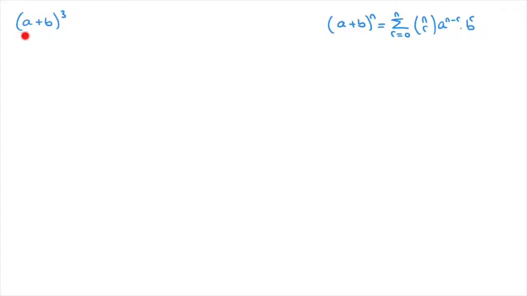Now, comparing a plus b raised to the power of 3 to a plus b raised to the power of n, we can see that the only difference between the two is that we've replaced n by 3.